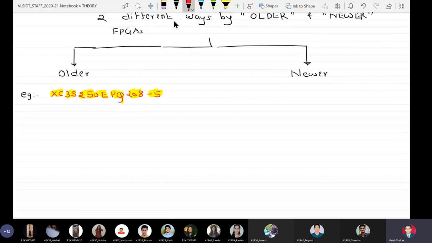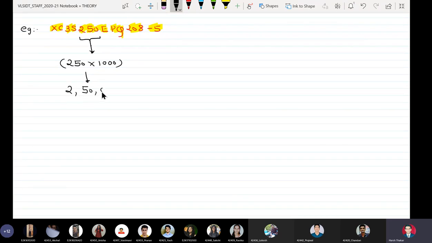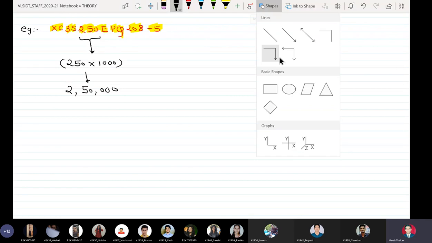So in this particular thing, this 250 indicates the capacity. This 250 must be multiplied by 1000. So 250 means 250 multiplied by 1000, which is nothing but 2,50,000.